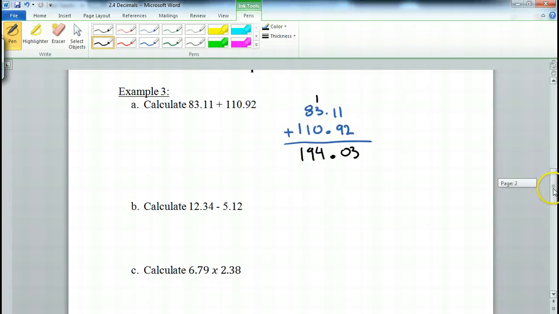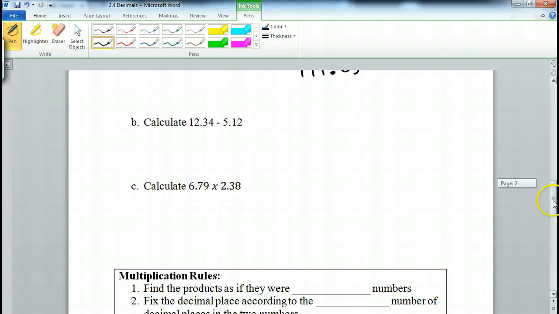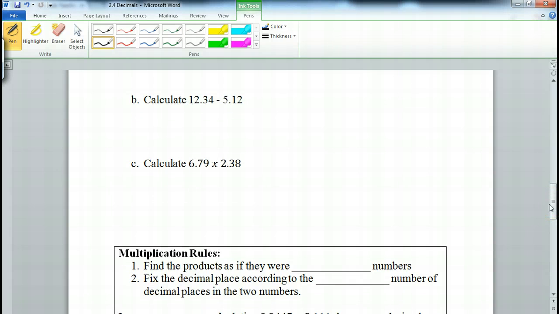Okay, let's look at subtraction. So again, I'll rewrite it as 12.34 minus 5.12.